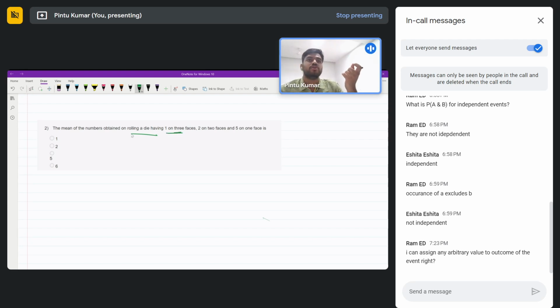On a regular die, you have 1, 2, 3, 4, 5, 6 written on it, but in this die, you have 1 written on 3 faces, 2 written on 2 faces and 5 written on the last one. And you have been asked to find the expected value of this random variable when you roll the die. I'll give you time till 7:39. Please solve this question.